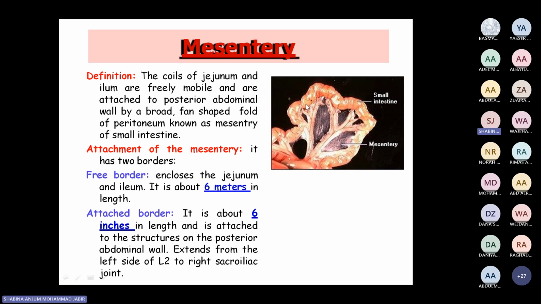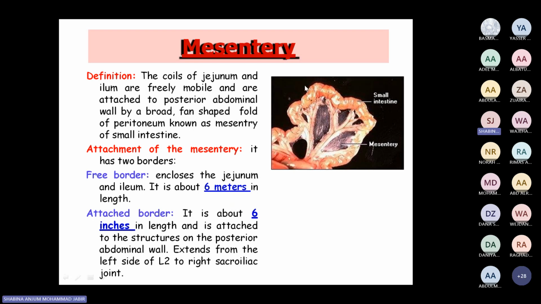So what is the definition of the mesentery? These are the folds of the peritoneum which will enclose the coils of jejunum and ileum.